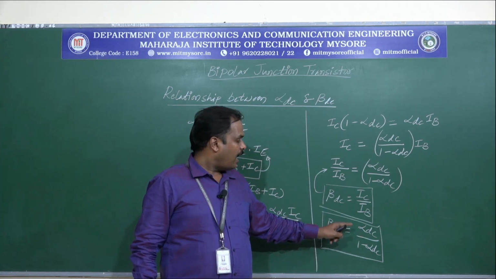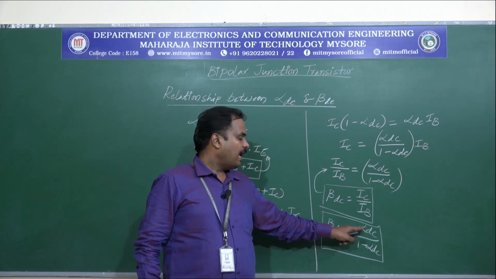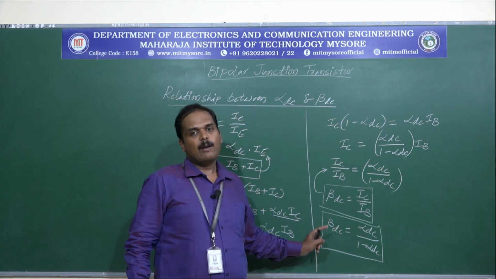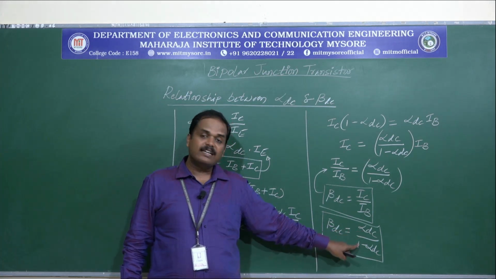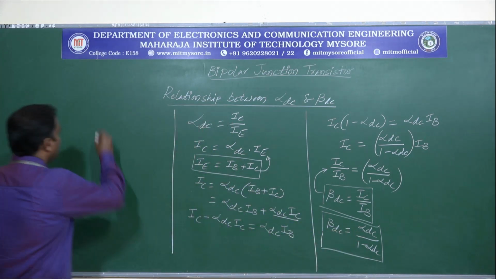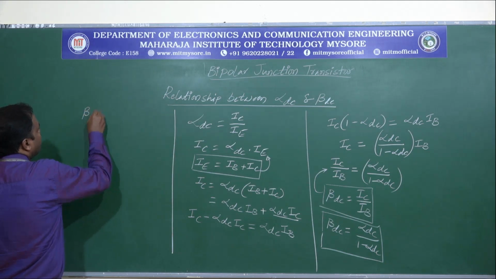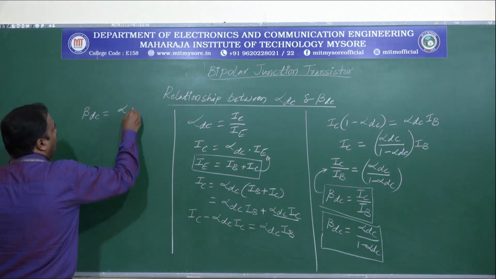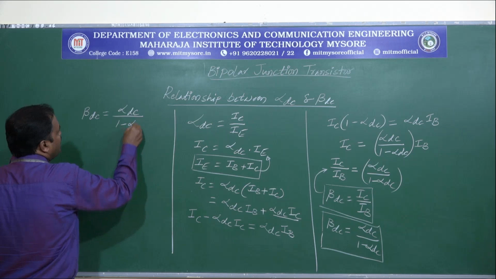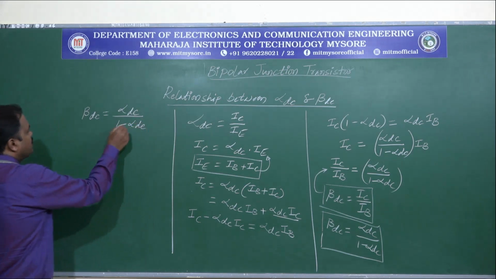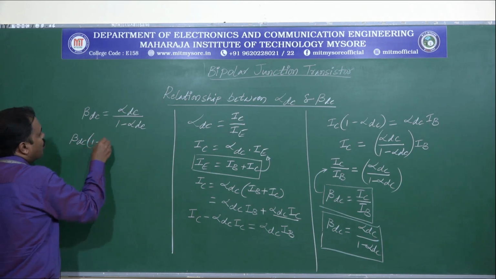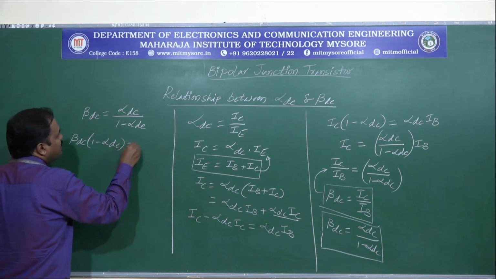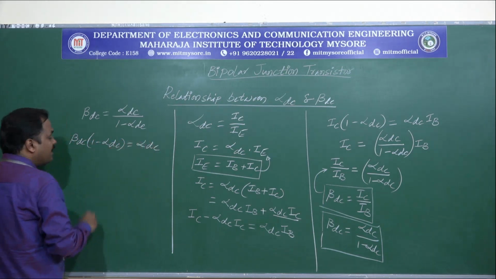Now let us understand how we can represent alpha DC in terms of beta DC. Let us consider this equation, beta DC is equal to alpha DC by 1 minus alpha DC. Let us rewrite that and cross multiply. Beta DC into (1 minus alpha DC) equals alpha DC.